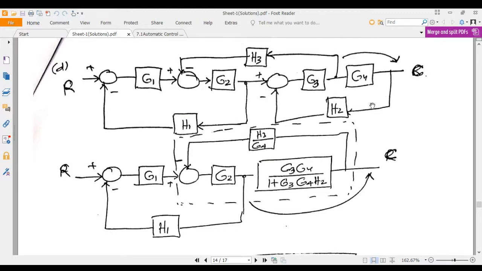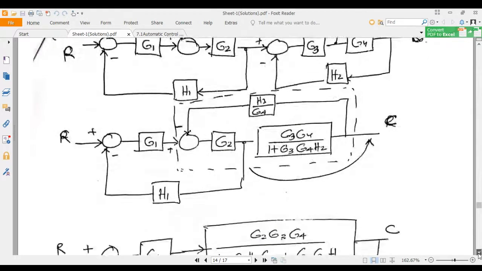And H2 is the feedback path with negative sign here at the summing point. So apply the formula for feedback, you will get this block. After getting this block, in the next step, we are moving this feedback path H1 after this big block. So the whole block will be divided by H1.